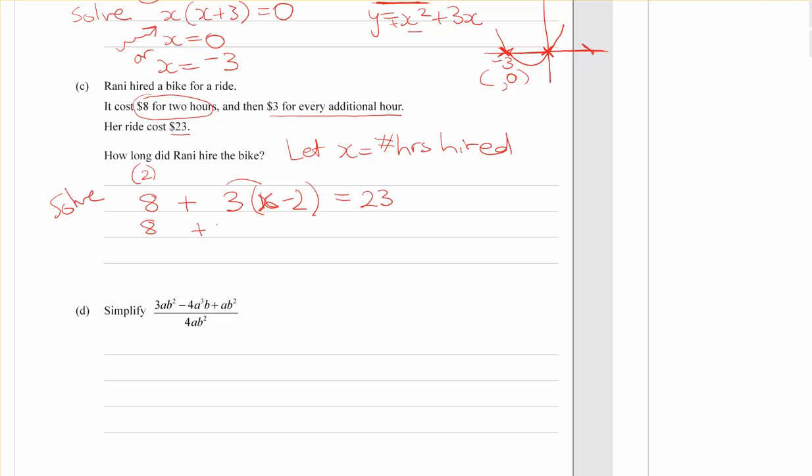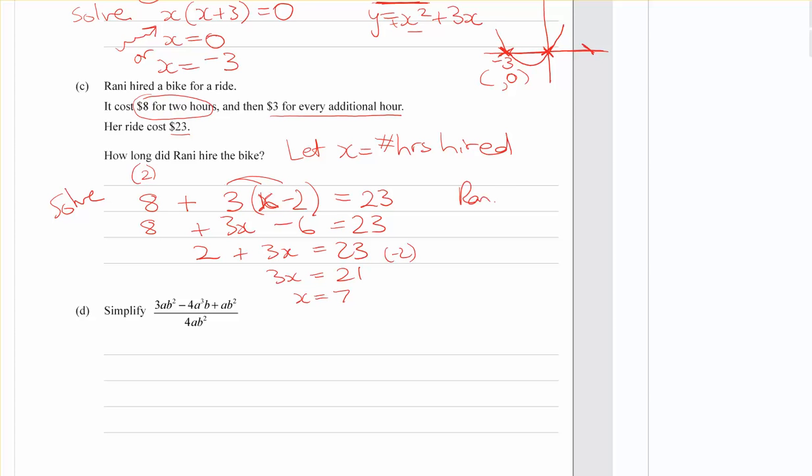We'll expand this out first. 8 minus 6 is 2. We can minus off the 2 from both sides. And I can see that x is 7. 3 times 7 is 21. So x is going to equal 7.